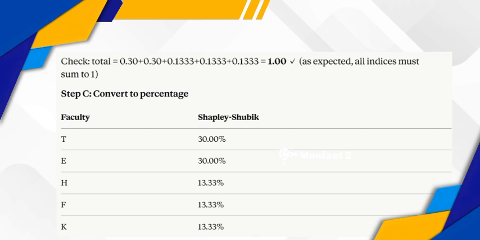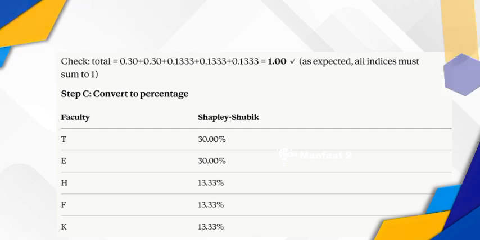If we check our math, 0.30 plus 0.30 plus 0.1333 three times, it adds up to exactly 1.00, which confirms our calculation is correct. Converting to percentage, we get engineering 30%, economics 30%, and then law, social science, and medicine all three at 13.33%.